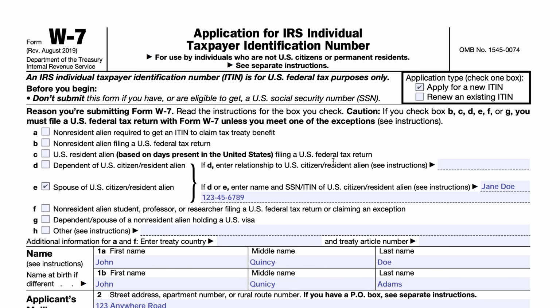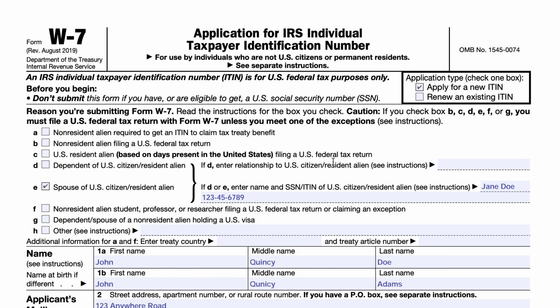The second part is that if you want to claim benefits as, for example, a U.S. resident in a tax treaty situation with the country that you're from, you may need a taxpayer identification number to claim the benefits under that tax treaty.